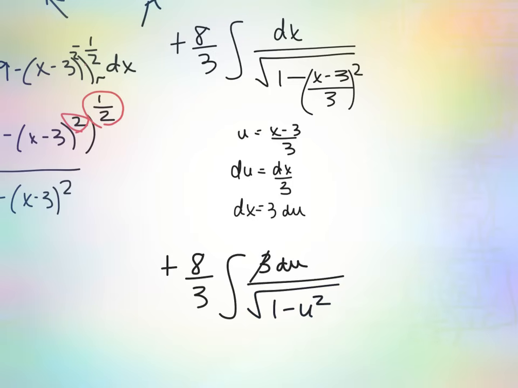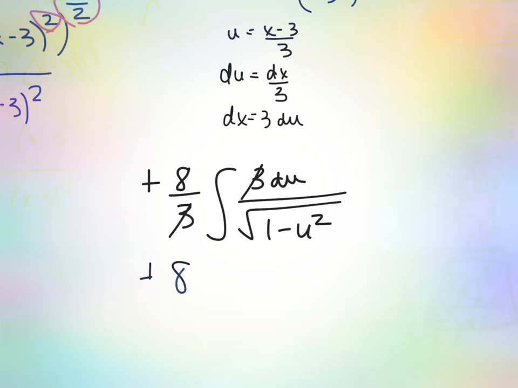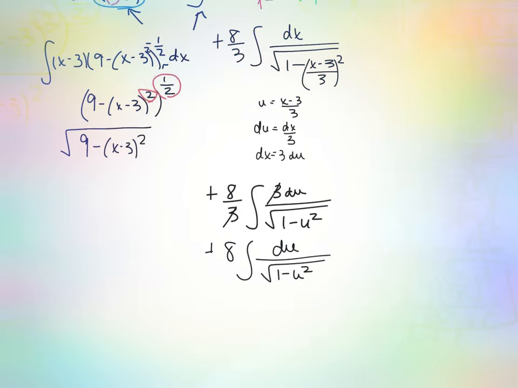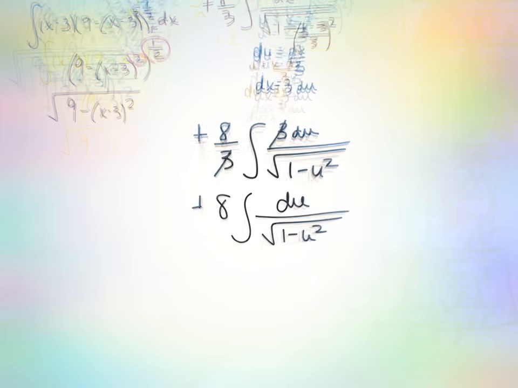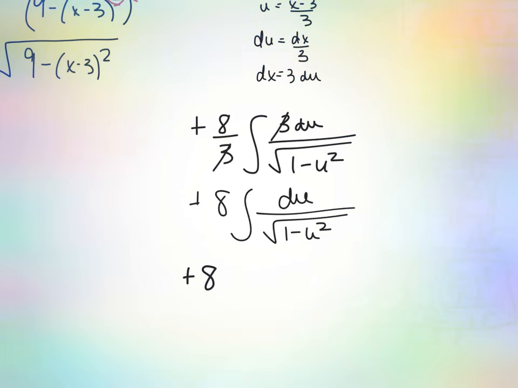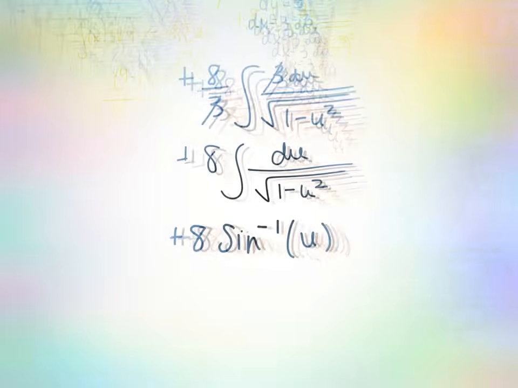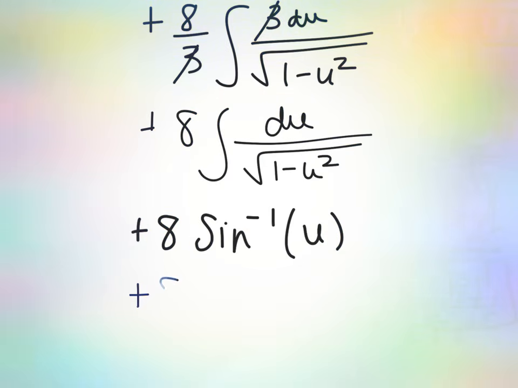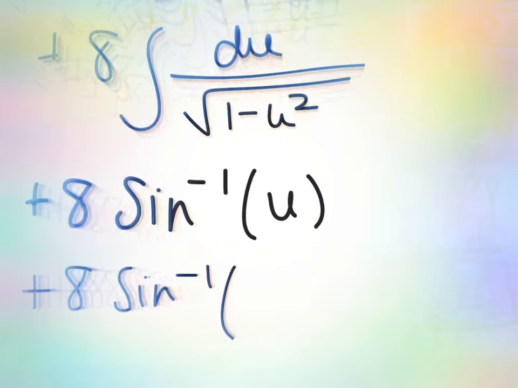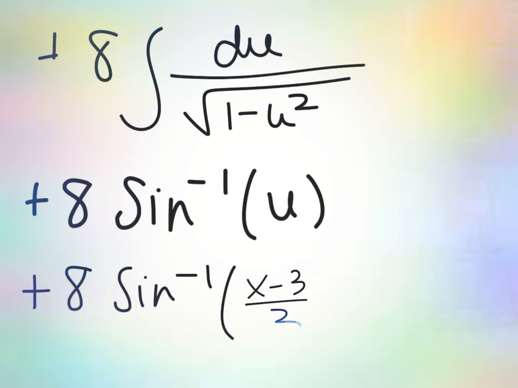So the 3's are gone, so we have plus 8 integral du over the square root of 1 minus u squared. And we can see now it's the perfect setup for inverse sine. So it's going to be plus 8 inverse sine of u. However, u is x minus 3 over 3. So it's going to be plus 8 times the inverse sine of x minus 3 over 3.